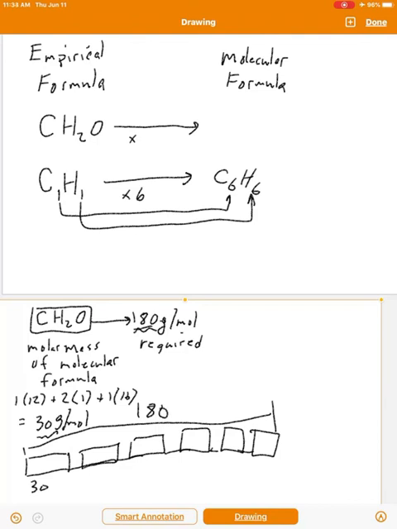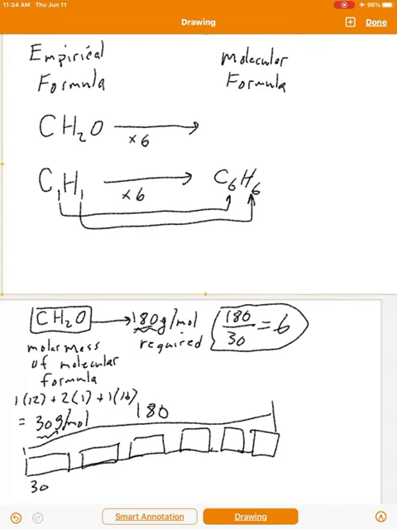What you would do is you just take the 180, divide it by the 30, and that would give you 6. See why that for this particular type of problem it's nice round numbers? That means the molecular formula is 6 times as heavy as the empirical formula. And the empirical formula is just a ratio that should be the same ratio as the molecular formula. So we just have to multiply it by 6.